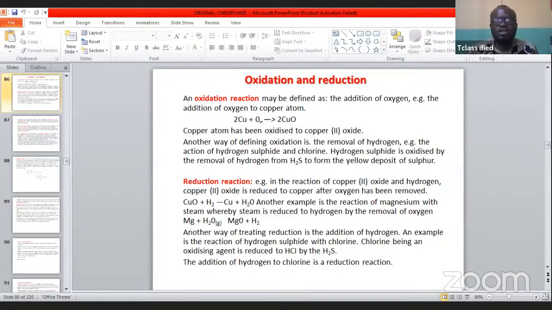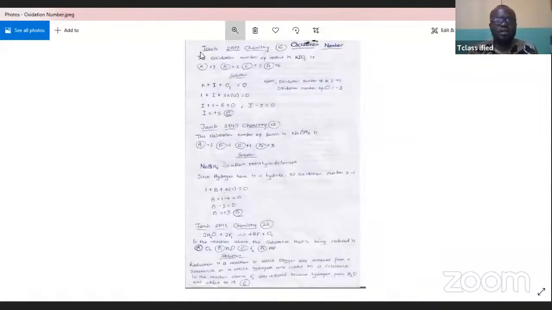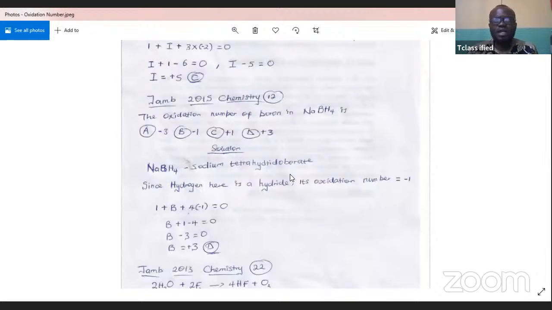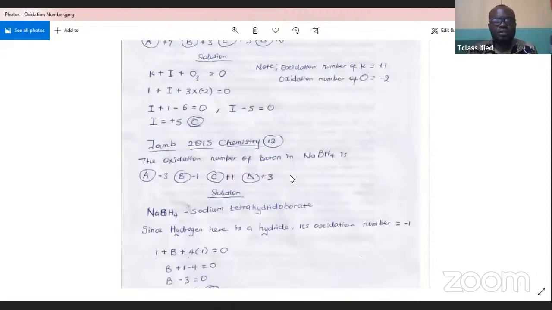So in oxidation problems, you normally solve problems in oxidation numbers, and I would like us to see a little bit of that so that as we go into more details in oxidation, we'll be able to understand these. So let's look at some problems that we have in past questions on this.